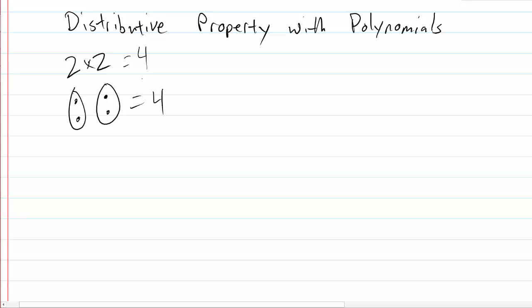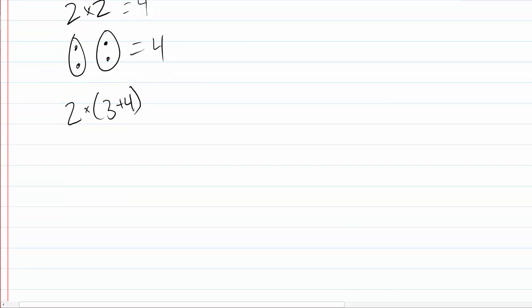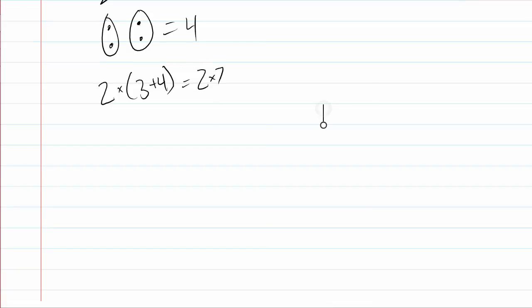Then, if we take that idea and move that to the next step, and we've got 2 times 3 plus 4, we can look at this a couple of ways. We can look at this as 2 times 7, so we'd have just 2 groups of 7.